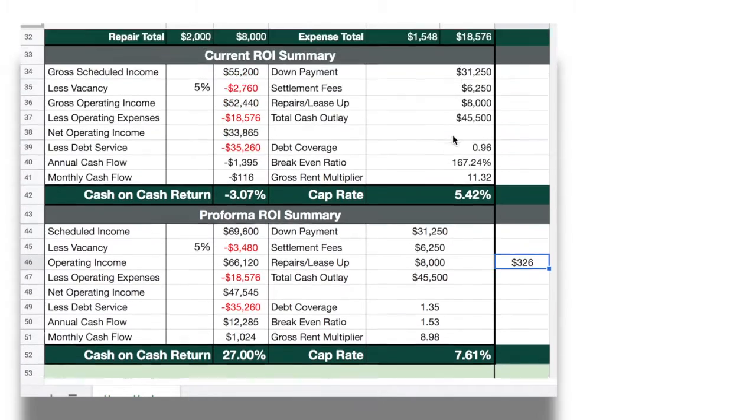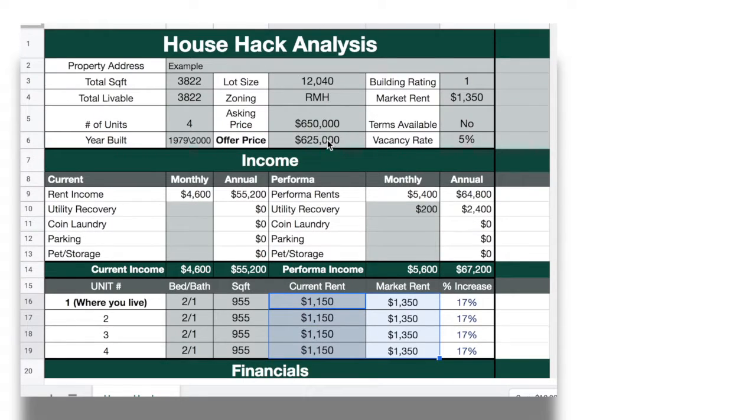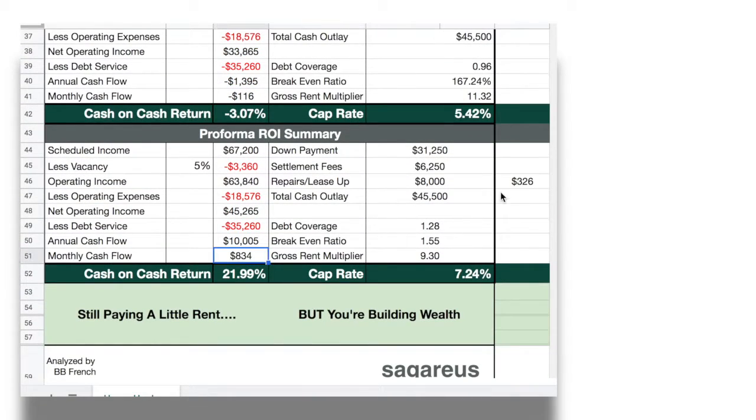You're starting to see, so the first year, if you can get this guy down to 625, you're paying $500 a month of rent to yourself.